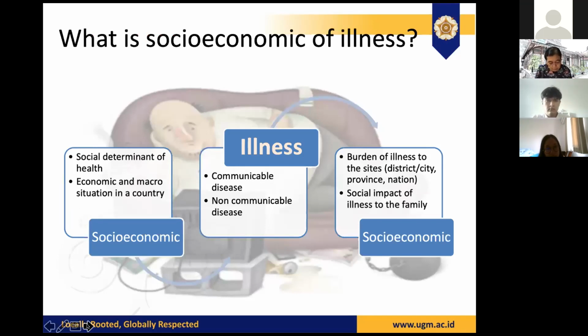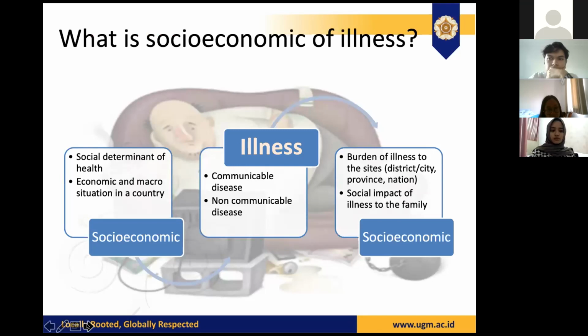So why do we talk about the socioeconomics of illness? Actually, in the social determinants of health, economics is one of the factors that contribute to health. Maybe you have already read articles showing that poor people are often related to diseases.